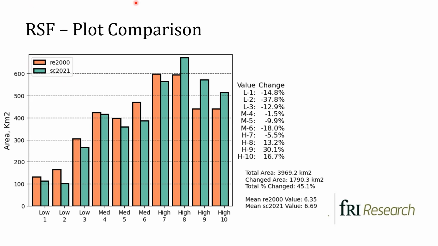Now, looking at RSF, we see that the biggest notable change is that we have, from 2000 to 2021, increased our RSF significantly in our high RSF values, up to 30% in our RSF 9 value.